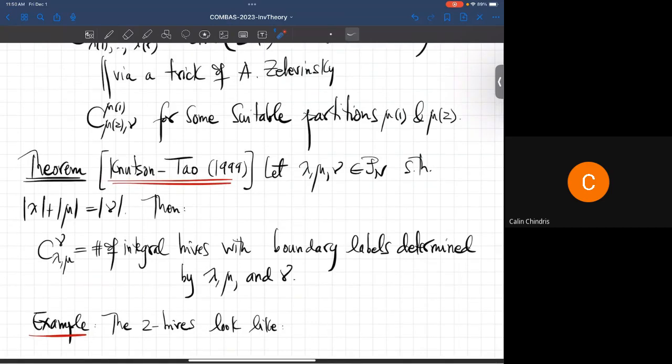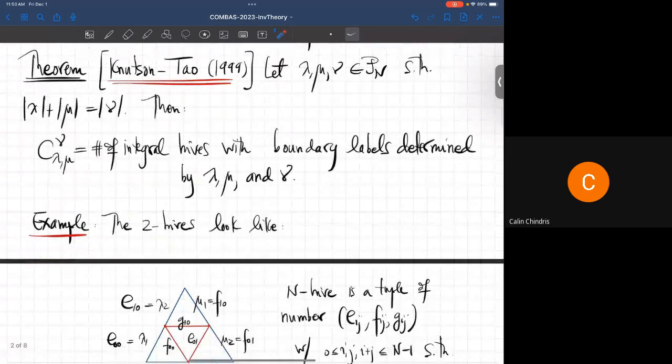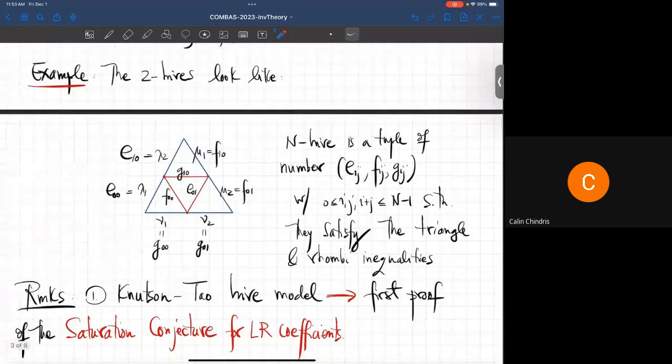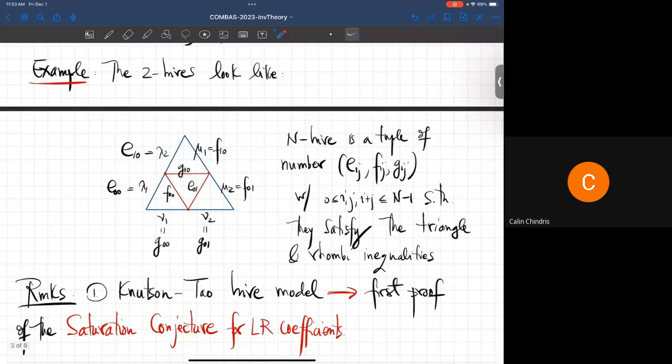In more specific terms, the LR coefficient can be expressed as the number of integral hives, for which the boundary labels are fixed. I'm going to explain what it means in just a bit. Specifically, they are determined by the parts of lambda, mu, and nu. So instead of going through the definition of a hive, let me just explain it by means of an example. Let's take n equals 2.